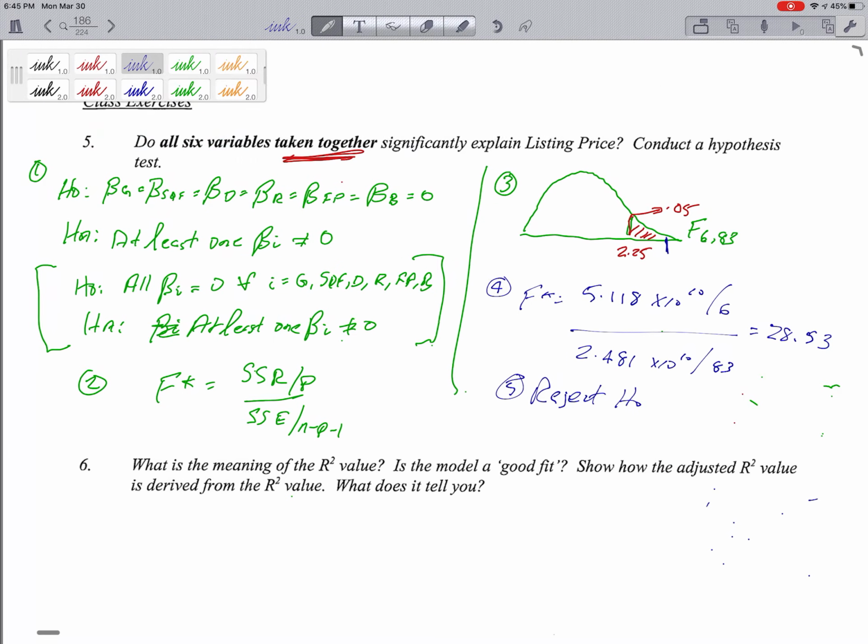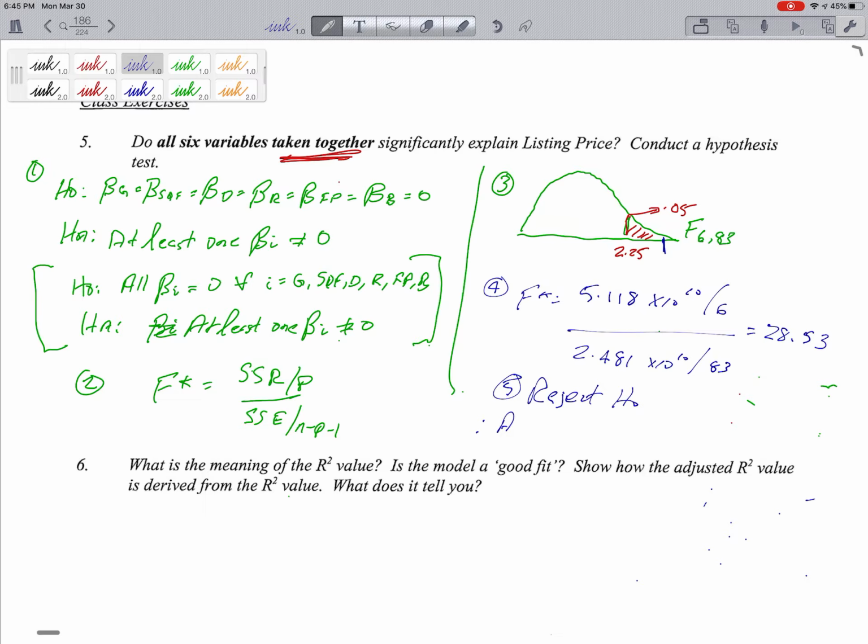And that means that all of the x's together significantly explain the listing price of the houses.